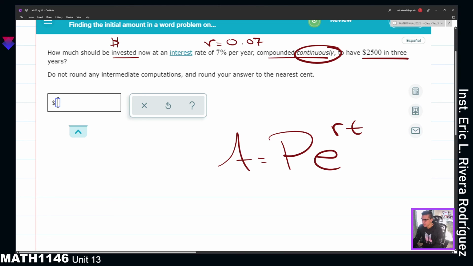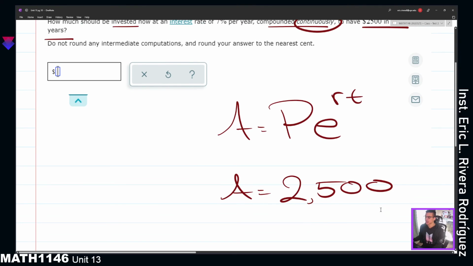To have 2,500, so that is the future value in 3 years, when t is equal to 3.